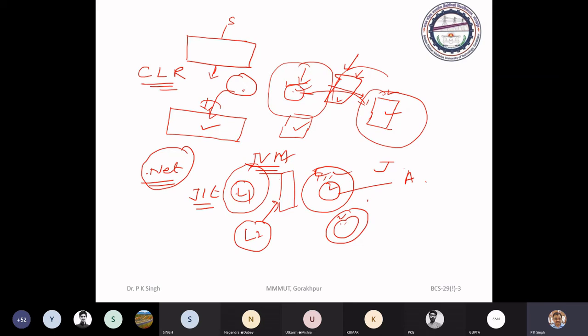And the facility provided by the virtual environment, where we encapsulate the core of a processor, will provide you platform independency, because the bytecode on this machine as well as this machine is the same. So the same bytecode may be executed on this machine and on this machine.